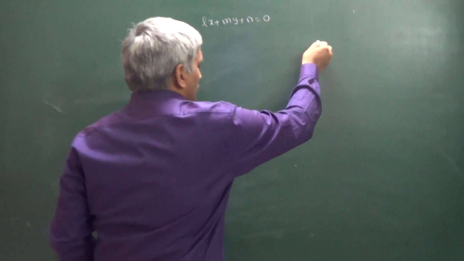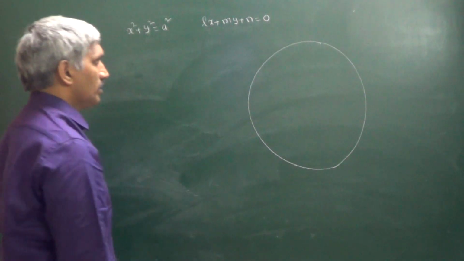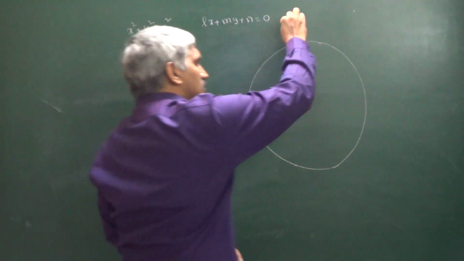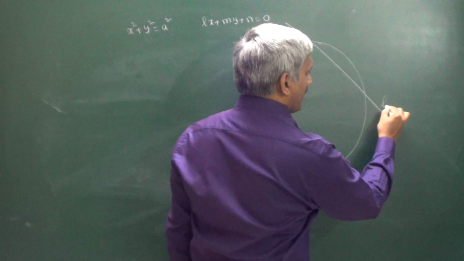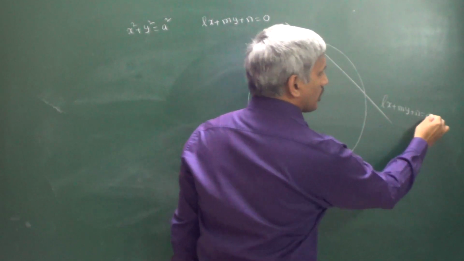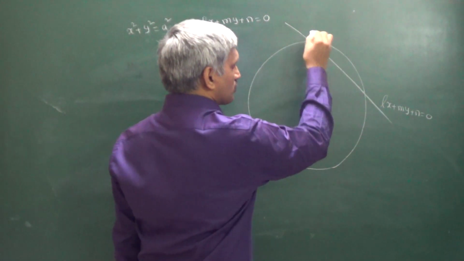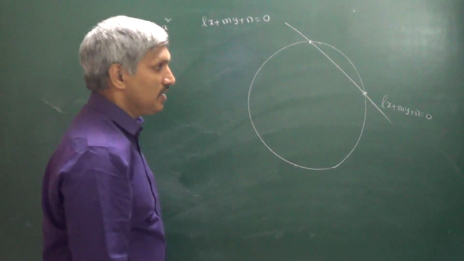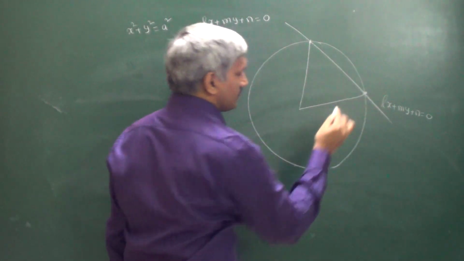So this is the curve given. And lx plus my plus n equals 0 is a straight line. Both are intersecting at this point. Now join those two points of intersection with the origin.